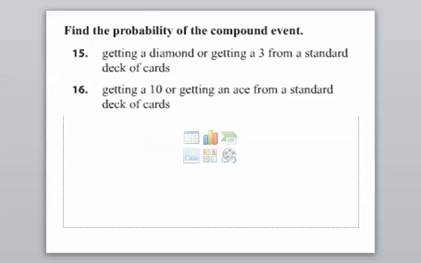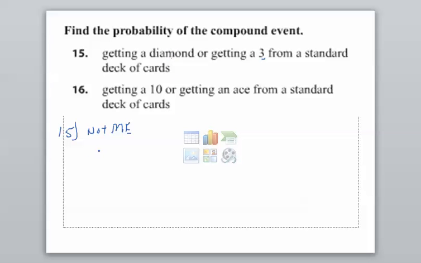Okay? So find the probability of this compound event, getting a diamond or getting a 3 from a standard deck of cards. So in this situation, number 15, these are not mutually exclusive. Why am I saying that? Because there is a 3 that is a diamond.